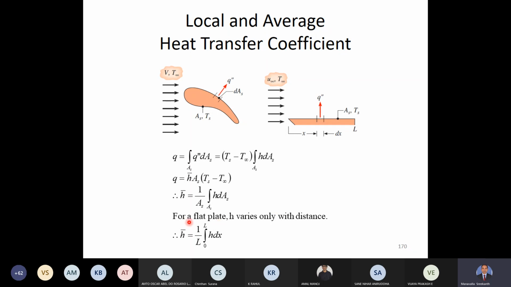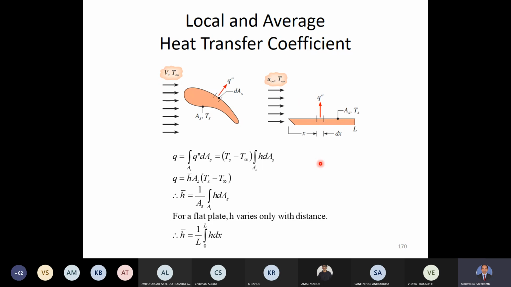Okay, so this is one way of estimating the average heat transfer coefficient. Now you see here we have h bar and we have h. This h is called the local heat transfer coefficient. So this local heat transfer coefficient means that at this point the value is h, but h bar is for the entire plate. We are generally interested in the average heat transfer coefficients only, not the local ones.